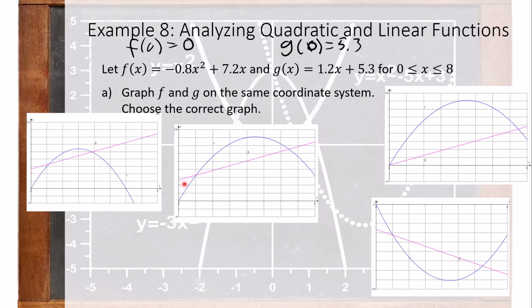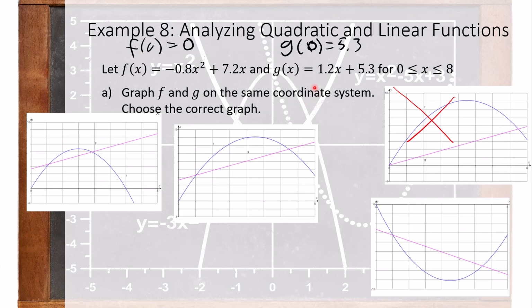This is 2, 4, that's about 5.3. Now notice this graph right here, okay? Particularly the linear graph. The linear graph crosses the origin. According to this, it should not cross the origin, it should cross at 5.3. So this cannot be a correct graph. So this is wrong.